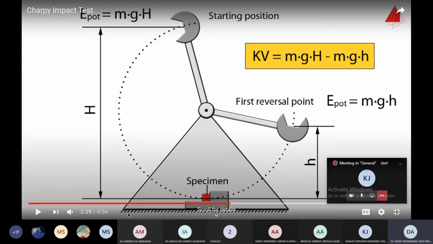The difference between that H and h is the energy. The differences between the energy at this position and that position is the energy which is absorbed by the specimen. And this is how the energy absorbed by the specimen is calculated.